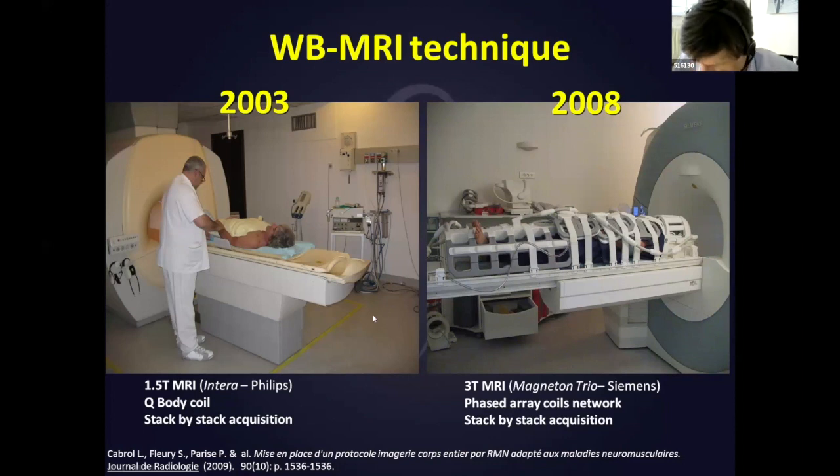At the beginning, the exploration was made with the body coil inserted into the magnet system. Then coverage of the body by a surface coil network appeared and permitted a better resolution and reduced the duration of examinations. Here, you don't have a surface coil on the patient.